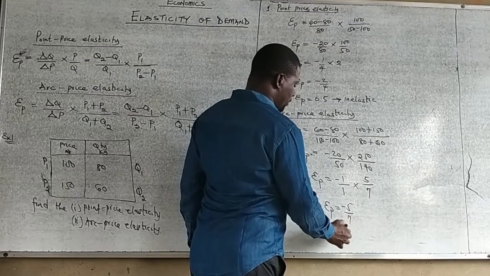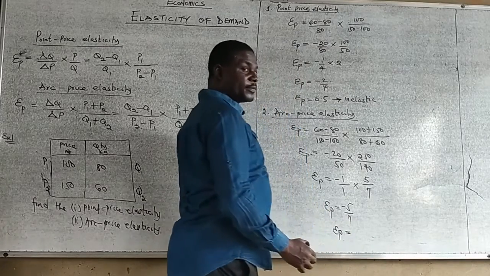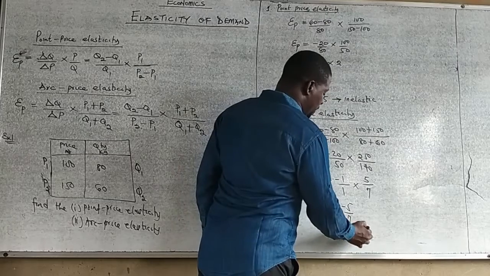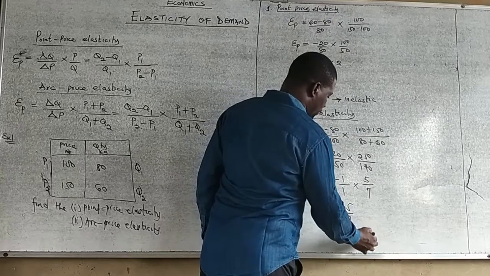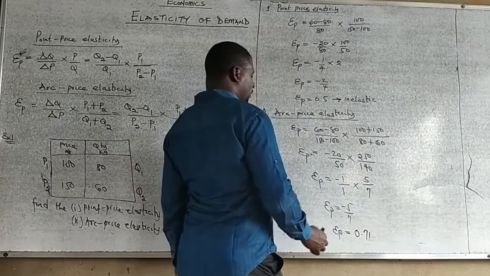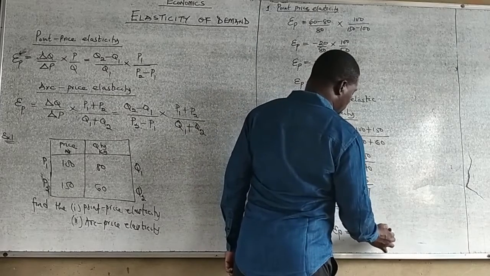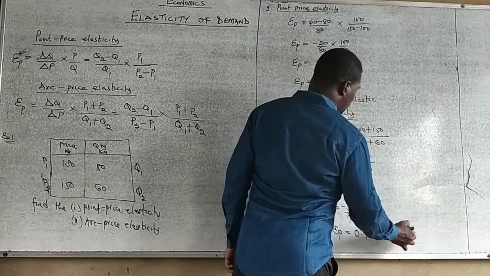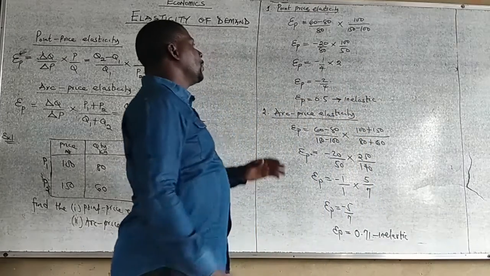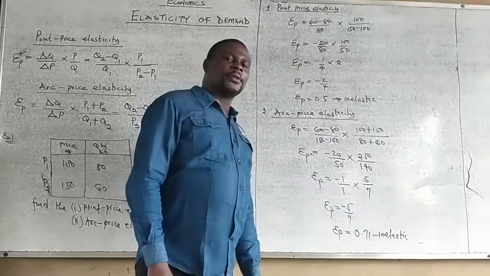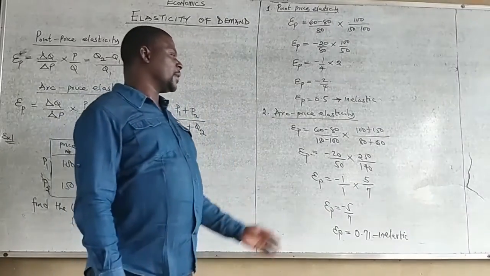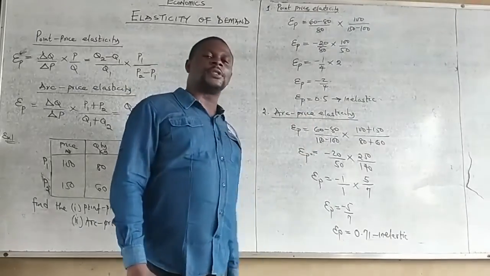Ignoring the minus, what's 5 over 7? 0.7. 0.7 what? 0.714285. Let's say 0.71. So the demand is also what? Inelastic. So this is using point price elasticity to find the elasticity, and then this is using arc price.